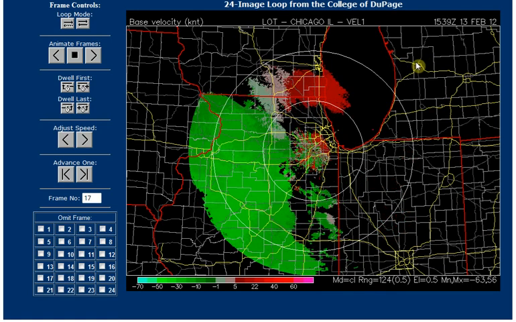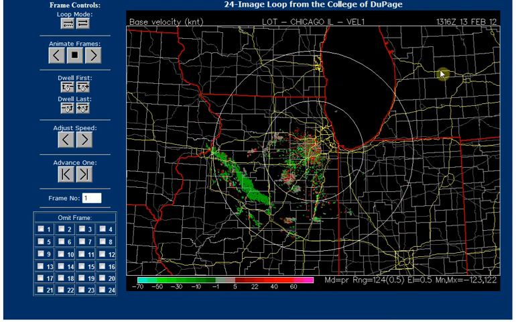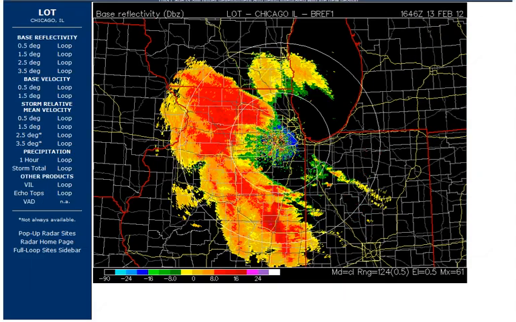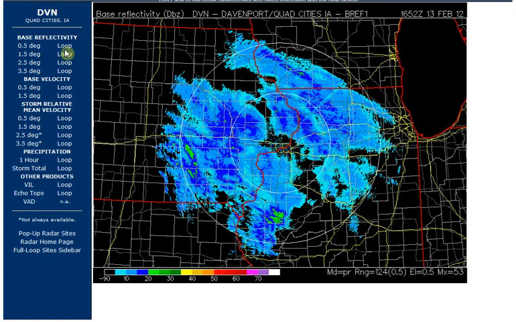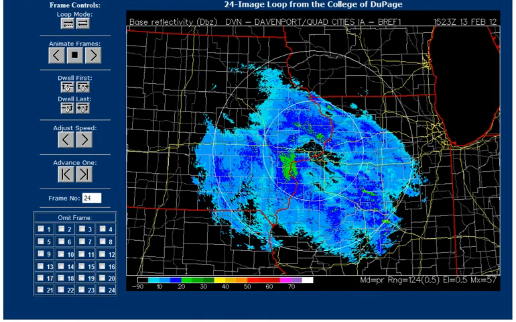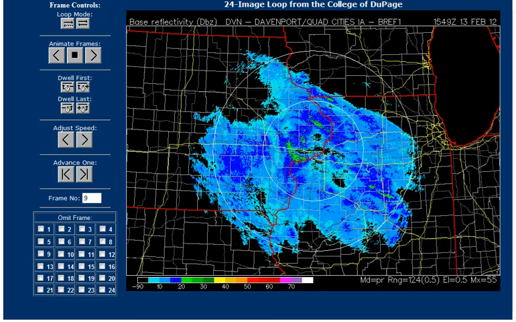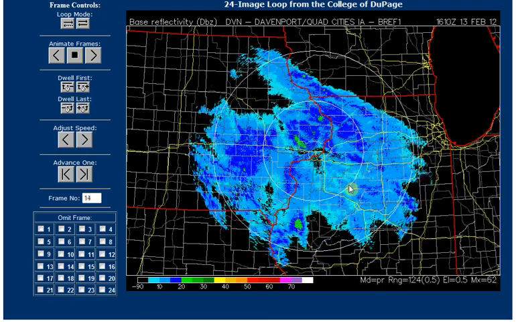Let me show you what I understand this is supposed to look like, and maybe there's exceptions that I'm unaware of, but if we go look at the Davenport, which is right next door there. First I'll show you the loop just so you get a feel of what it looks like. It's in precipitation mode, that's why it's mostly blue.